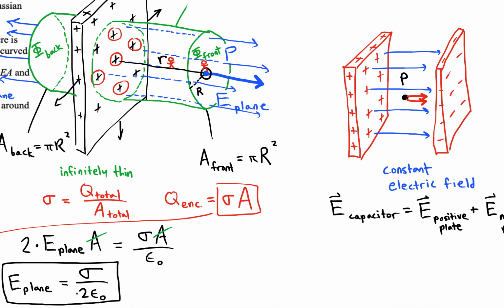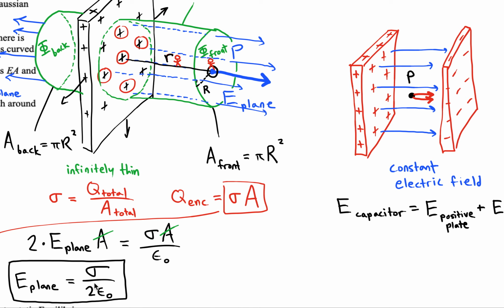Over here, I just have the magnitude of the field due to the plane. Now we can write our result in a different way as well. We can write it as a vector. N hat is a normal unit vector which points away from the plate. So whether we're going to the right or the left of our plate, the electric field should be directed away from the plate.